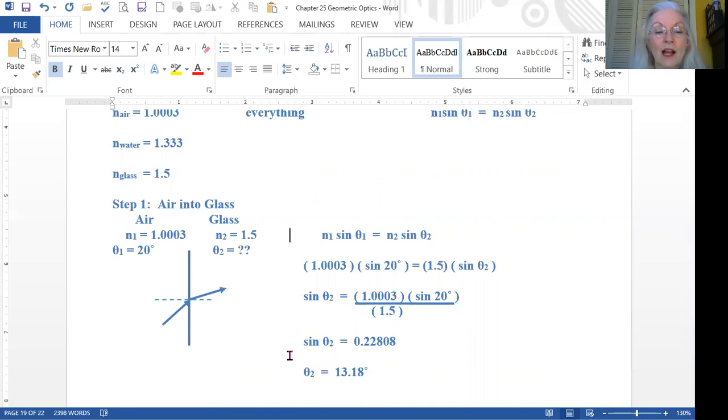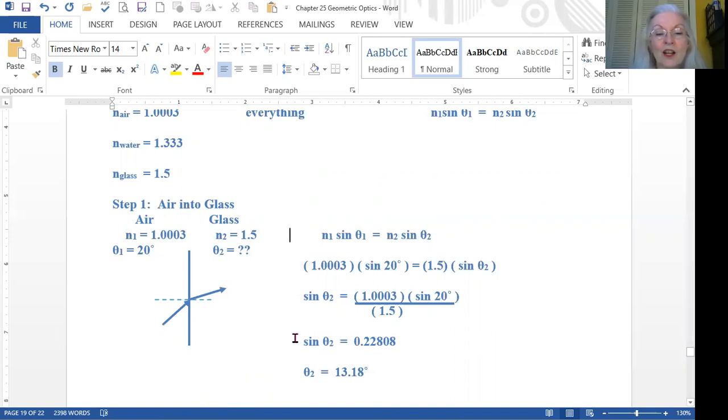Now, to go from this number to the actual angle, you would on your calculator punch second function or inverse, depending on your calculator. There's a key for that. So it's either the second key or the inverse key. And then you'd hit the sine key and 0.22808 and then equals or enter. And you should end up with 13.18 degrees.